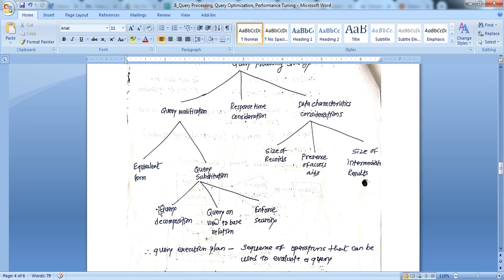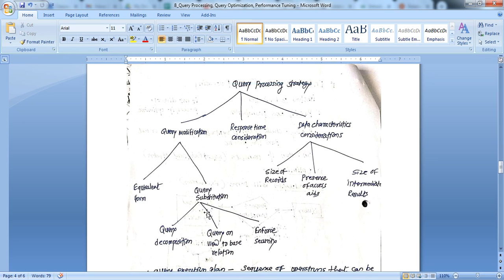Then query decomposition, which is to decompose the query on a view to a base relation, and then enforce the security. These are some points which come under query modification. It may be that we create the equivalent form, a query substitution creating some equivalent query with the help of query decomposition, or view to base relation, or enforcing the security with the query. This is the query processing strategy.